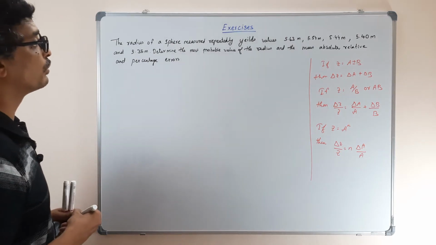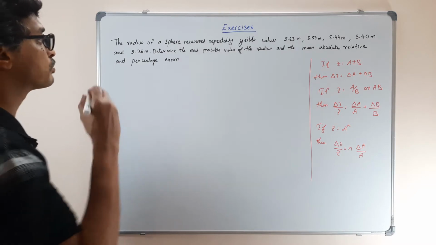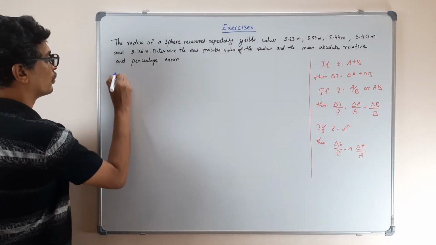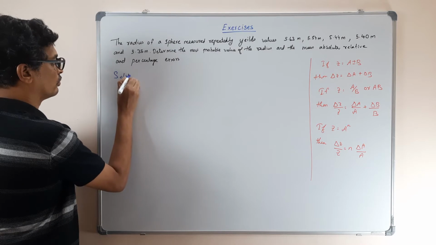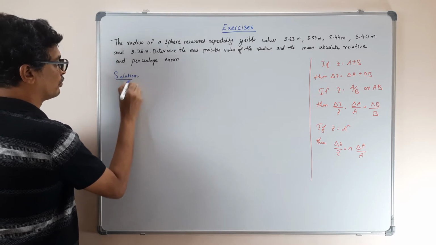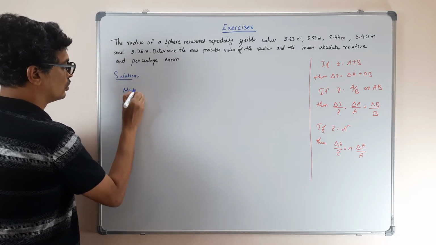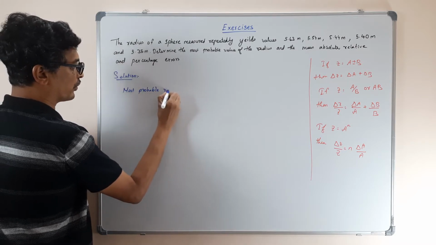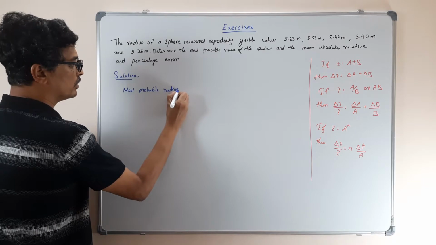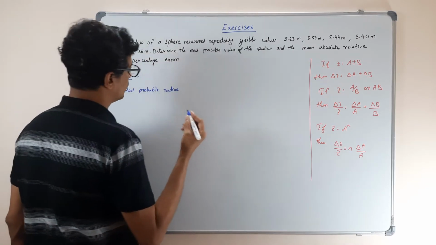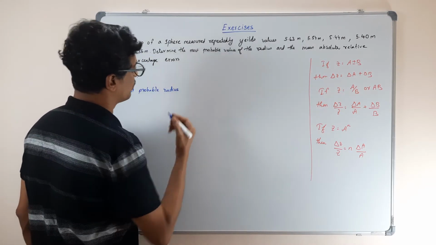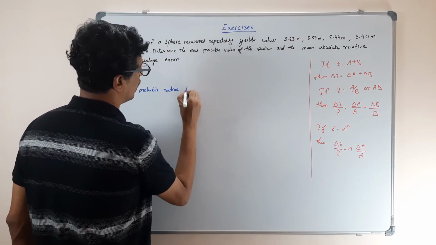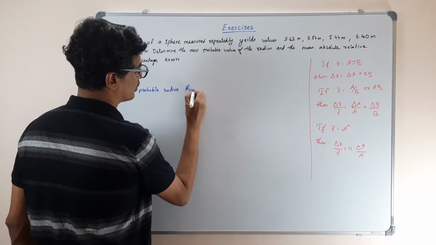So first we have to find out the most probable radius. Solution. Most probable radius, that is the mean of it, right? So let us give a symbol for it. What symbol can we give? Say R mean.